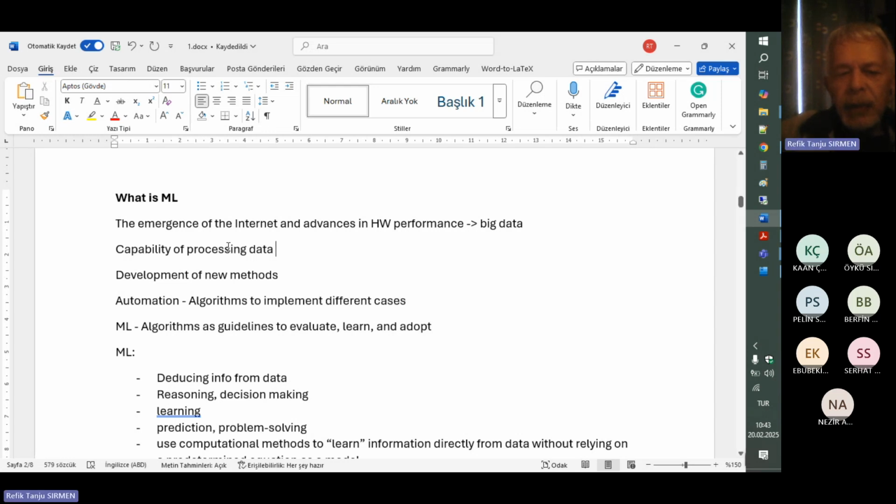The capability of processing such a huge amount of data gave us the opportunity to deduce some information from that accumulated data. Okay, and also the people and nations who realized this opportunity and the importance of processing and producing information from that amount of data pioneered the area.